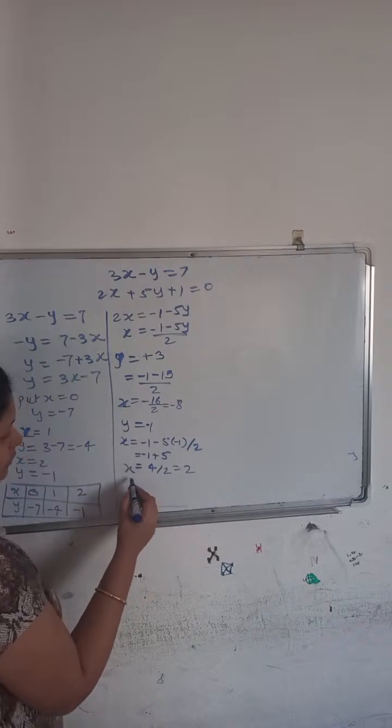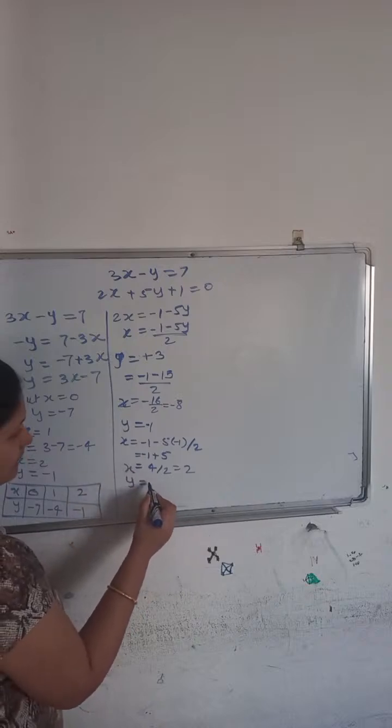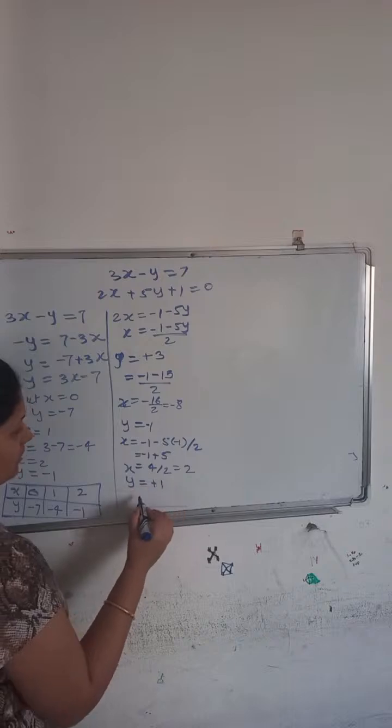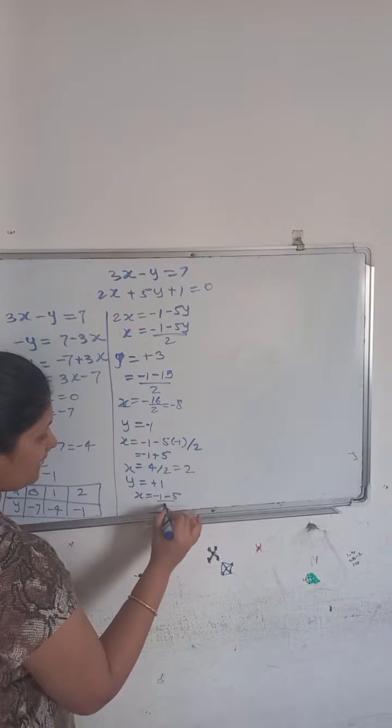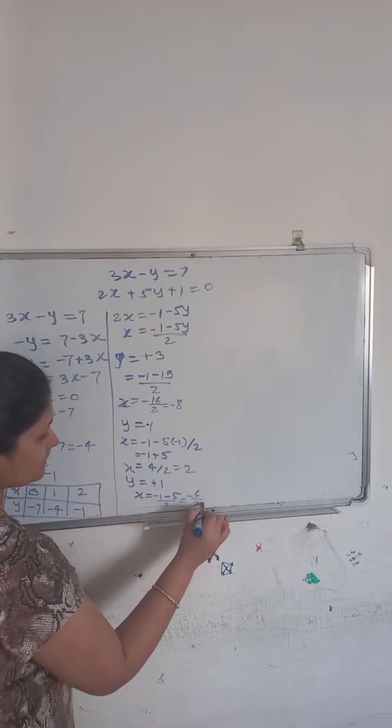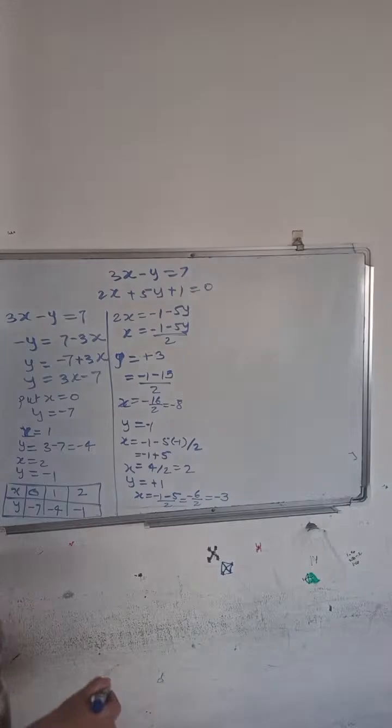X I am getting is 2. And suppose I keep y is equal to plus 1, then x is equal to minus 1 minus 5 divided by 2, that is minus 6 by 2, that is equal to minus 3. Okay, so this is the answer.